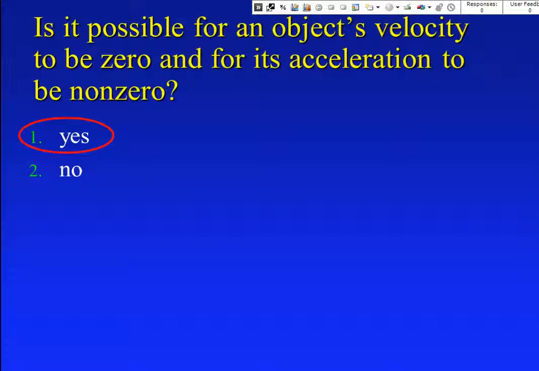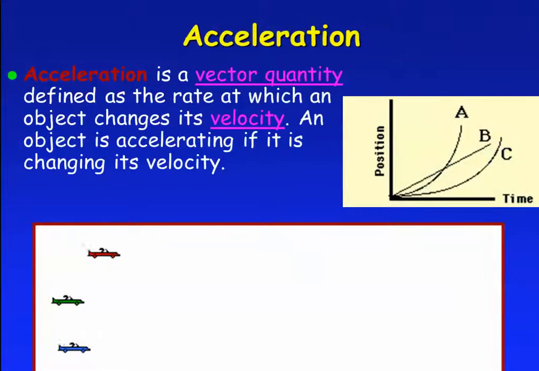So what happens is, if you throw a ball up into the air, it keeps slowing down, slowing down, slowing down because it has negative acceleration, and then at the top of its path, its velocity is 0 for an instant, and then it starts to fall back down again. So if you're just looking at an instant, then yes, velocity can be 0 and acceleration can be non-zero.